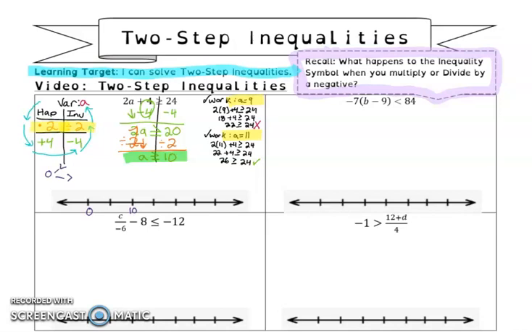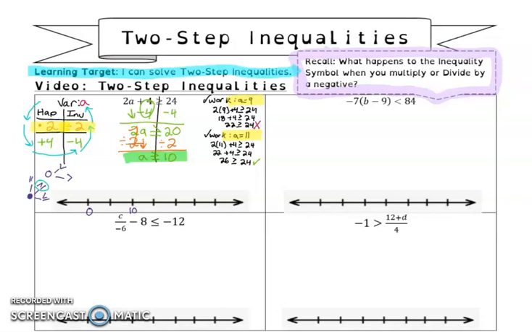Closed dots are for equal to, greater than and equal to, and less than or equal to. Which one do we have? We have a greater than or equal to. So we're going to have a closed dot.